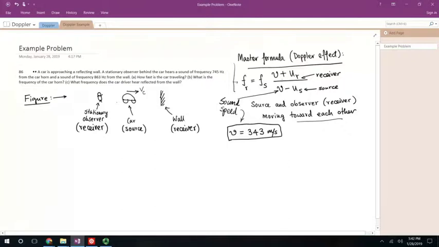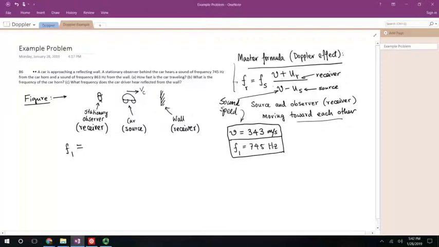So the first thing we're going to do is focus on this. The stationary observer behind the car hears the sound of frequency 745 hertz. So we're going to call that frequency F1. So F1 is equal to 745 hertz. Can we express this in terms of all the variables that we know? F1 is the received frequency received by the stationary observer.